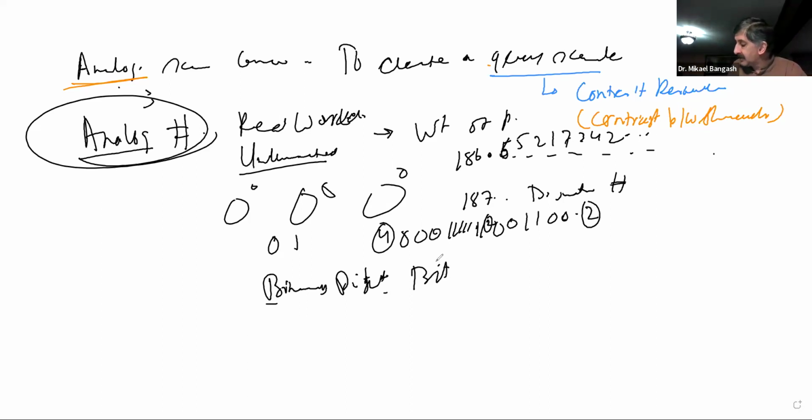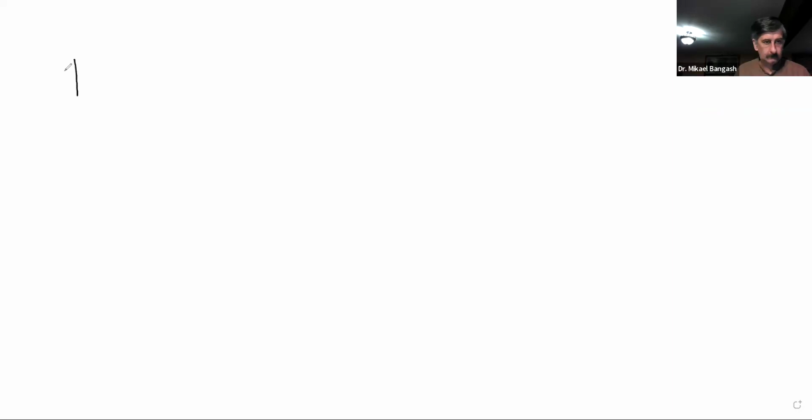Now, true or false? A digital representation of a number can achieve specific fixed values. That's why digital numbers are limited.